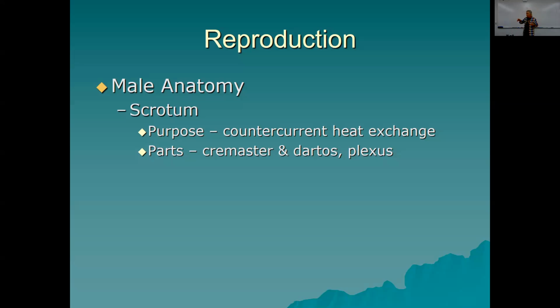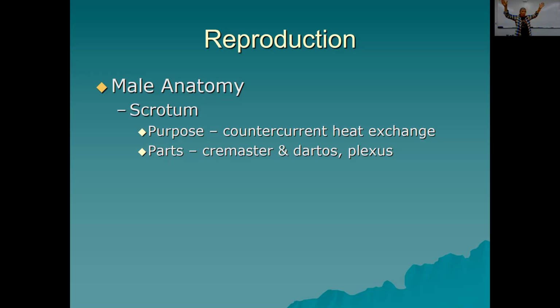Matter of fact, there are some muscles. There's a dartos muscle that covers the testes. There's a pampiniform plexus, which is the series of arteries and veins right next to each other where this counter-current exchange occurs. And then there's a cremaster muscle that will pull the testes up or relax and let them hang lower according to the external temperature.